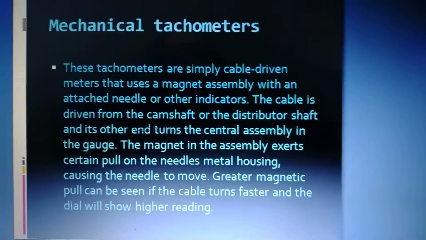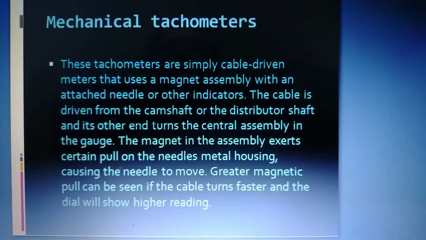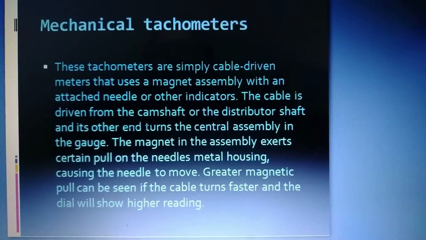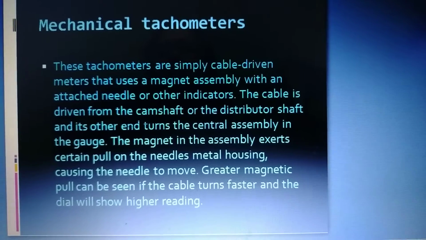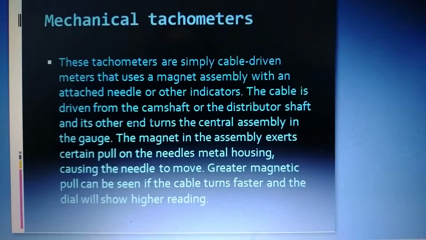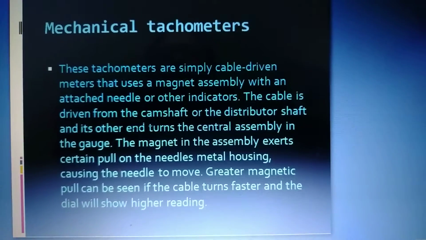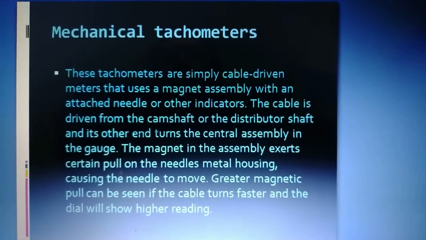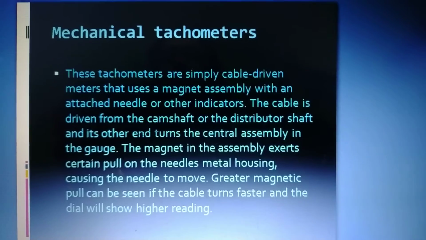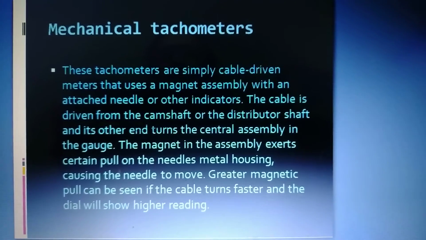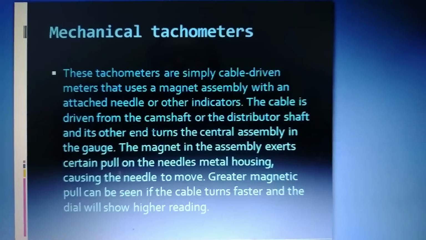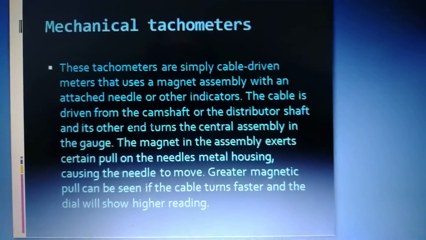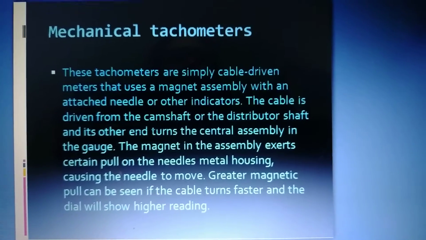Mechanical tachometers are simply cable driven meters that use a magnetic assembly with attached needles or other indicators. The cable is driven from the camshaft or a distributor shaft, and its other end turns the central assembly in the gauge. A greater magnetic pull is seen if the cable turns faster, and the dial shows higher readings.